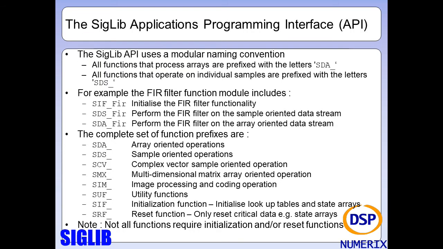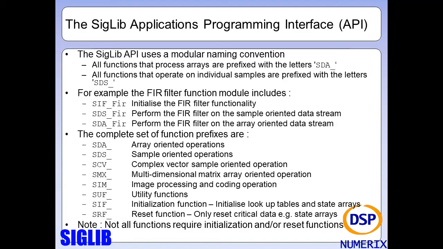The SigLib API includes functions for processing data in both a single sample-oriented process or an array-oriented process. The sample-oriented functions begin with the string SDS, all in capital letters. This indicates it is a SigLib function and that it is processing data on a per-sample basis.